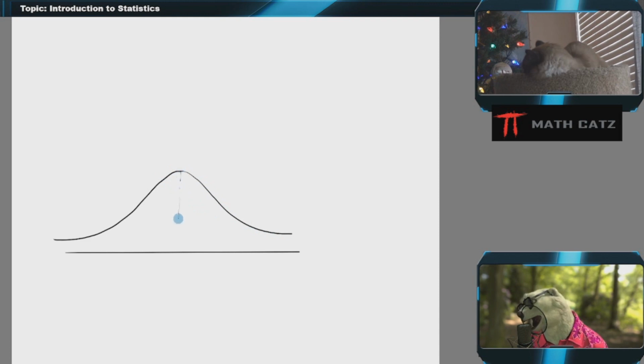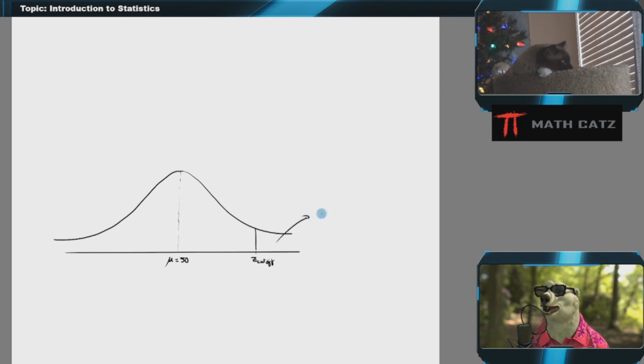And that is positioned at mu equal to 50. Now our cutoff will be over here, so that the tail here is alpha, which is 5% or 0.05.